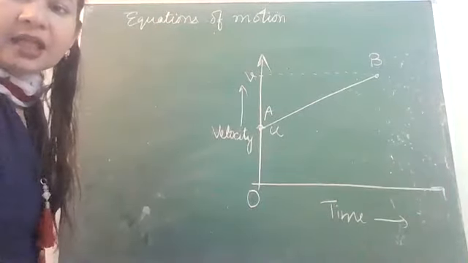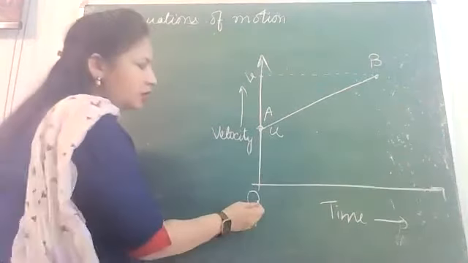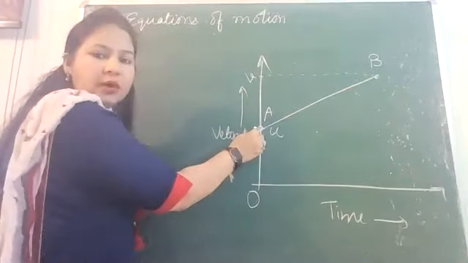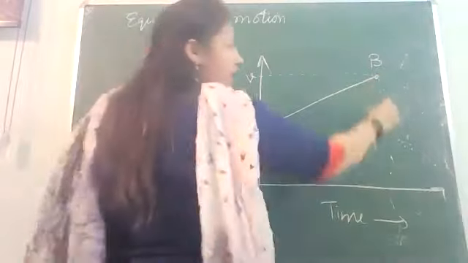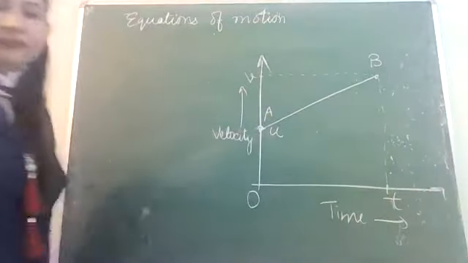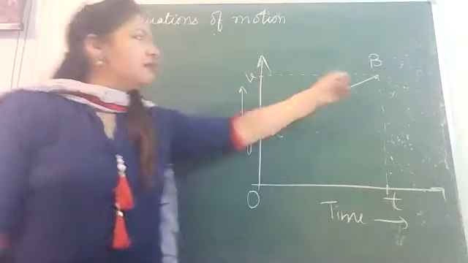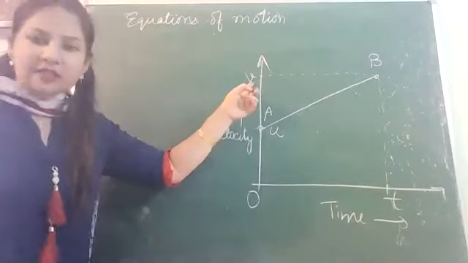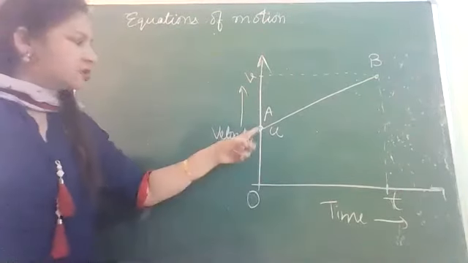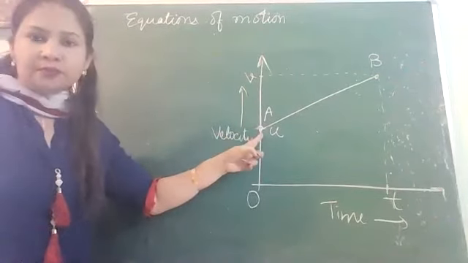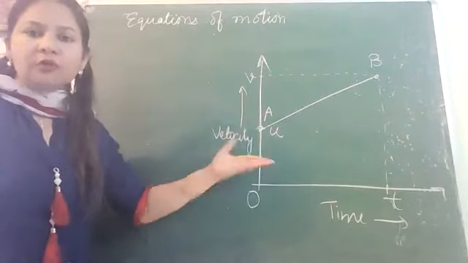You know, at t equal to 0 the body's velocity is u, the initial velocity, and later on at any time t its velocity is v. So you can always read the graph like this: time is t, velocity is final, that is v; time is 0, velocity is initial, that is u. Okay, I told you how to read the graphs.